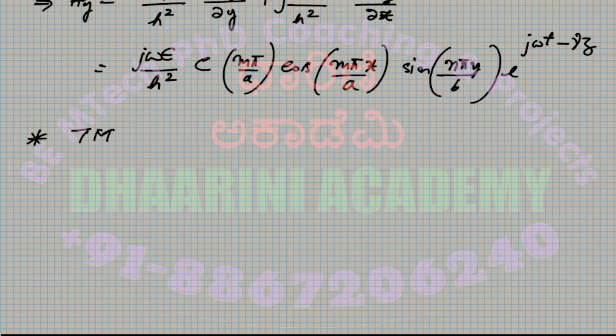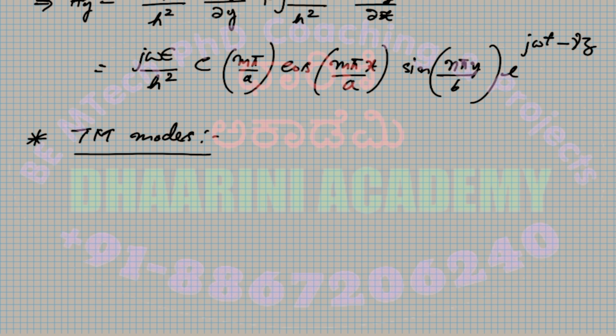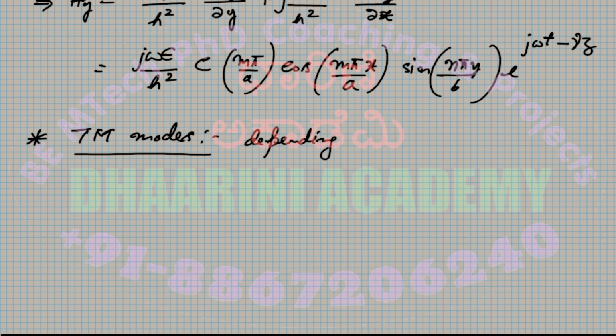Okay, so this is called as TM modes. Whatever m and n we substitute, we get specific waveforms, specific waveforms inside the rectangular waveguide. We call them as TM mn, depending upon the m comma n values.